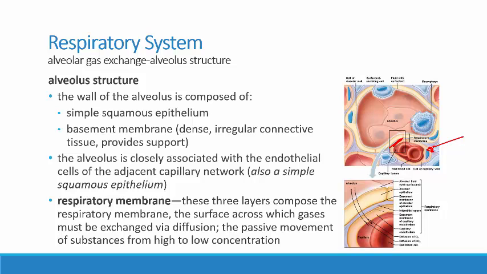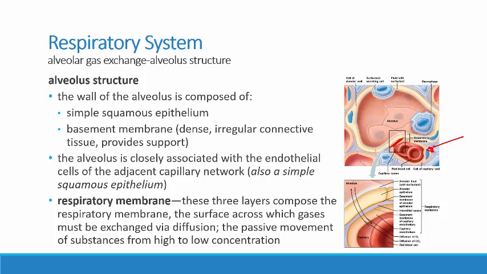The capillary is built, if you recall, from endothelial cells, which are also a simple squamous epithelium. So these three layers, alveolus epithelial tissue, basement membrane, and endothelium of the capillary, make up what's referred to as the respiratory membrane.